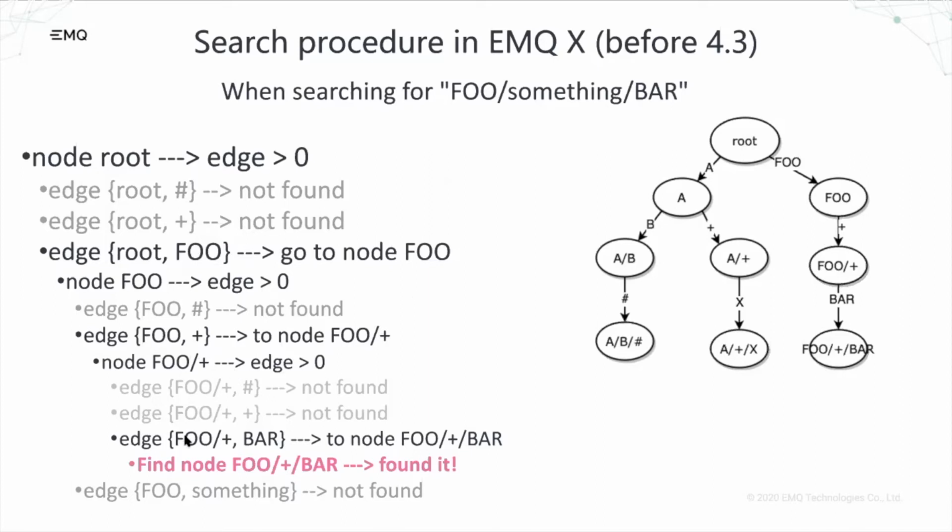Finally it reaches the foo/+/bar topic filter. And of course, it needs to go up the stack again to search for foo/something, realizing that there's no outgoing edge from the foo node with something in the edge label. Then we can stop here.